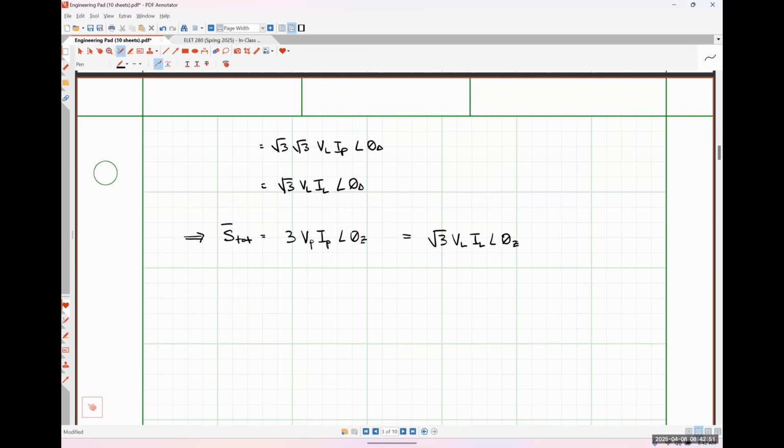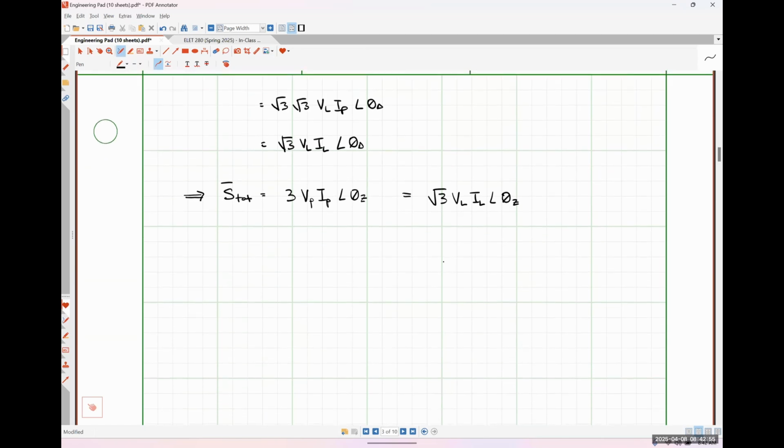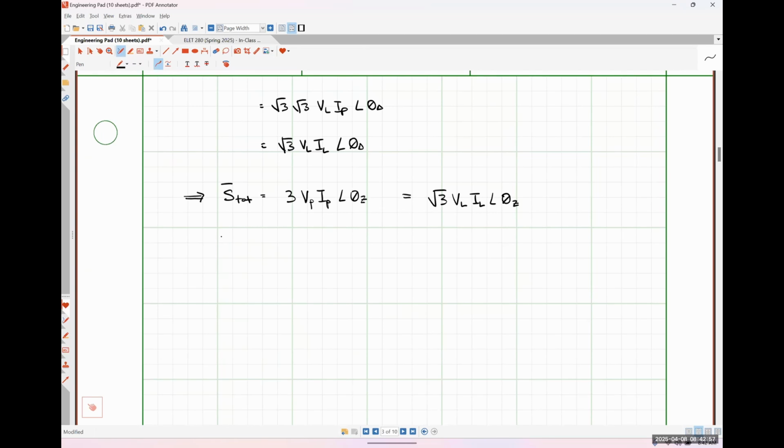So our average power, and I'm just going to call this P three-phase. So this is our three-phase average power. That's just the real part of our total complex power, right?